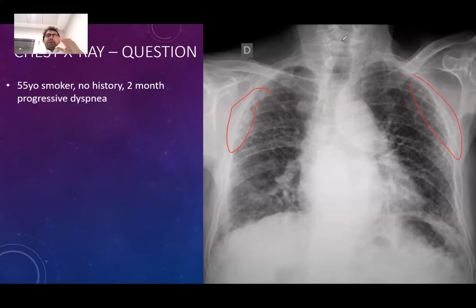So I would be thinking this patient is more likely to have an interstitial lung disease, some interstitial lung disease related to smoking. Actually, I know the diagnosis of this case, and it is actually interstitial lung disease. But it can very well be atypical pneumonia as well.